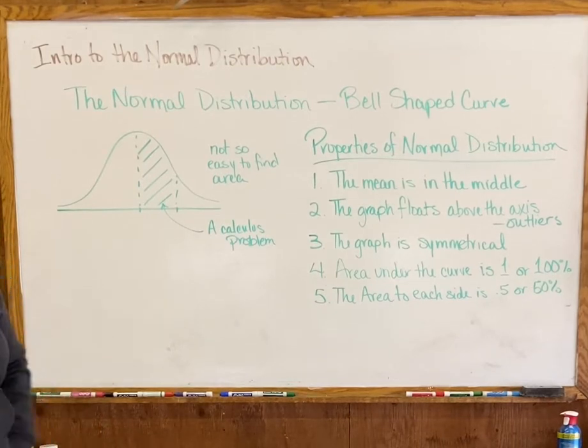Now, some of you may have taken calculus and you know how to find the area under the curve, but that's not normal for most statistics people. They're not up on that yet. Okay, so we've got an issue here. We cannot do this with the methods that we have from algebra. It's not a nice shape, so there's no nice way to do this. It's definitely a calculus problem.